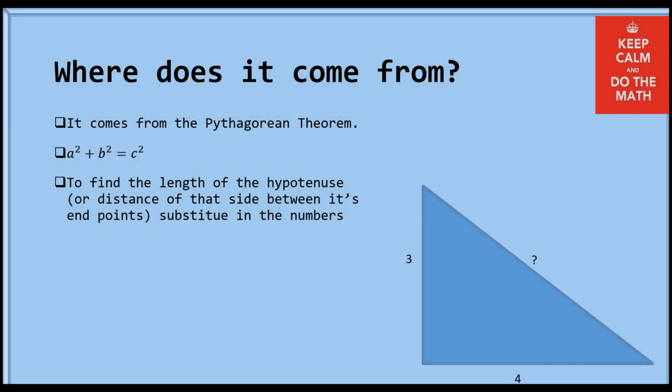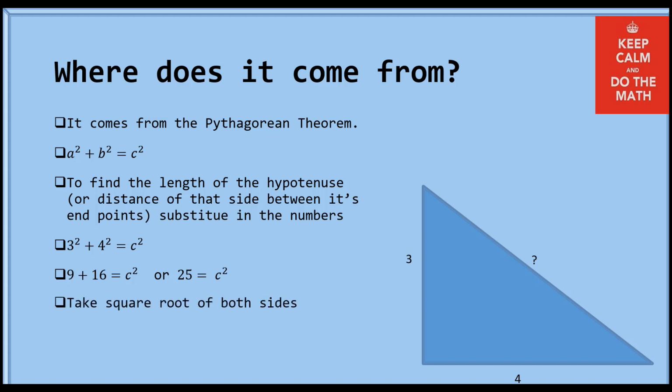To find the length of the hypotenuse, or the distance between its two endpoints, let's plug in those numbers for a and b: 3 squared plus 4 squared equals our hypotenuse squared, or c squared. So 3 squared is 9, 4 squared is 16. 9 plus 16 is 25, and 25 is c squared. Take the square root of both sides, and we get that c is equal to 5. So the length of the hypotenuse is 5.